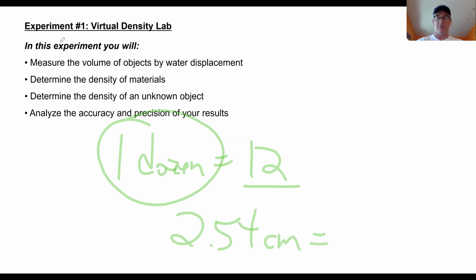What about 2.54 centimeters equals 1 inch? How many significant digits in centimeters? Still infinite? Still infinite. That's tricky. It just happens to be that 1 inch is exactly 2.54 centimeters. It just kind of worked out that way.